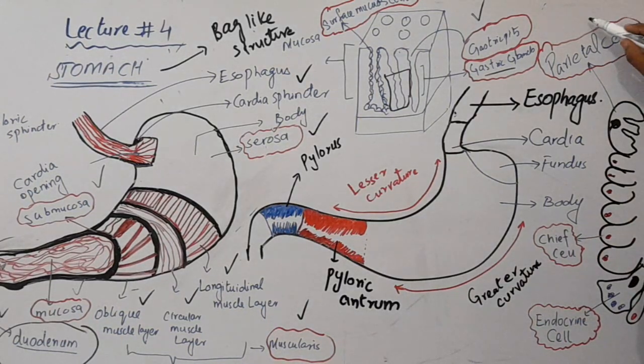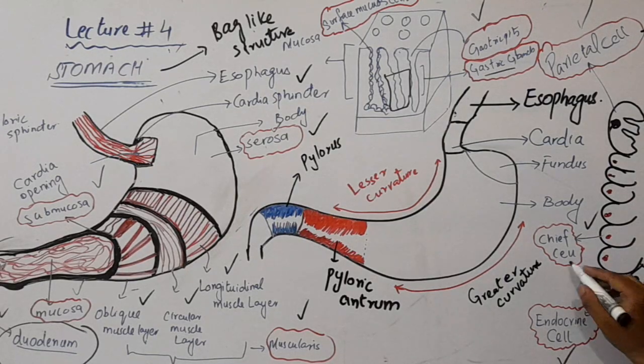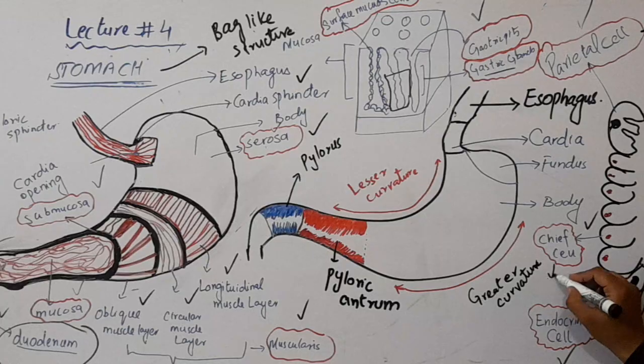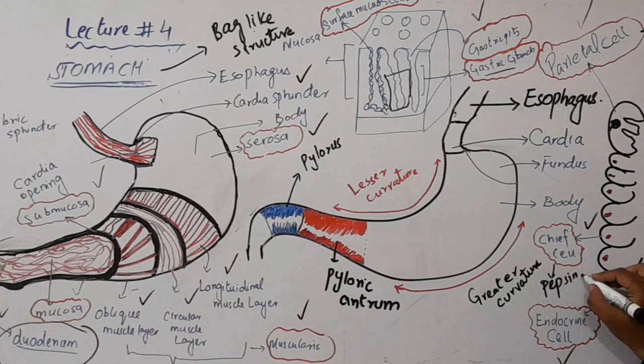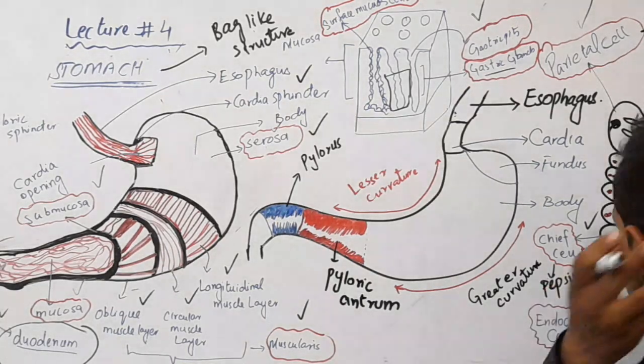First one is parietal cells, the second one is chief cells, and the third one is endocrine cells. Clear? Parietal cells produce HCl, and chief cells produce an enzyme called pepsinogen. Endocrine cells produce endocrine secretions.